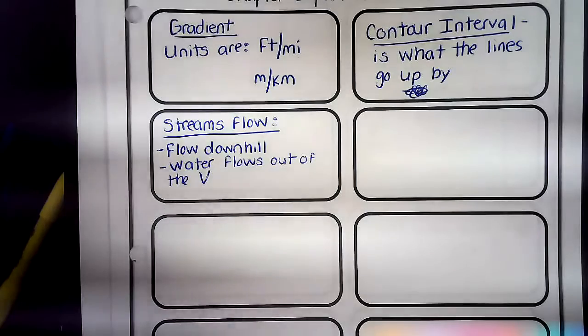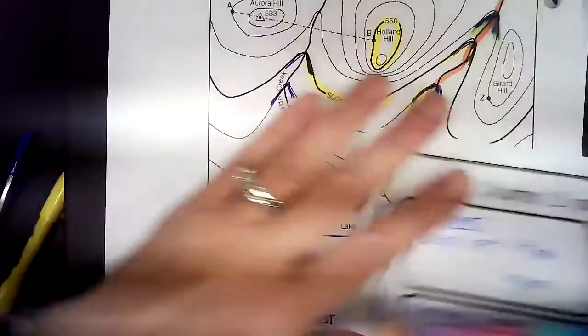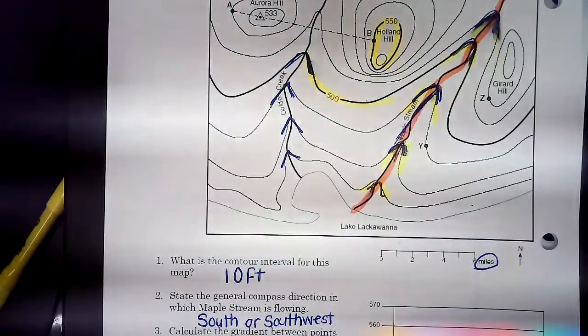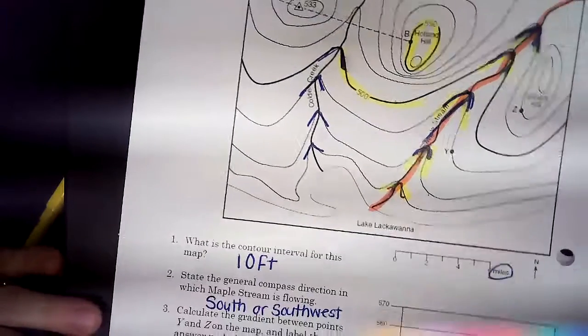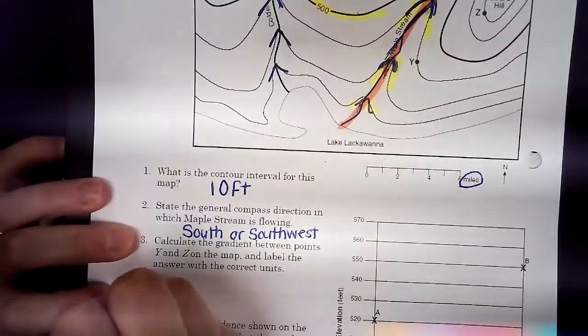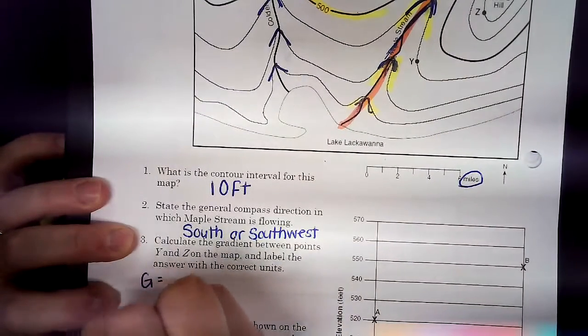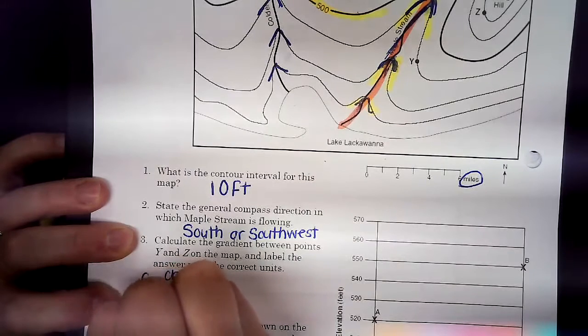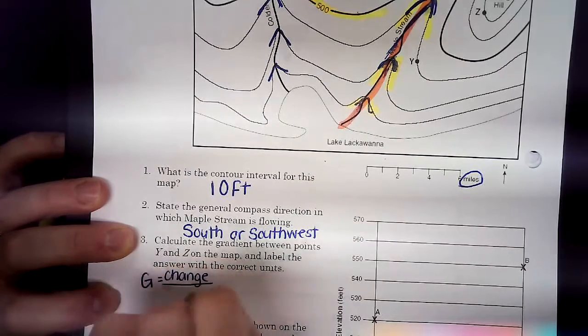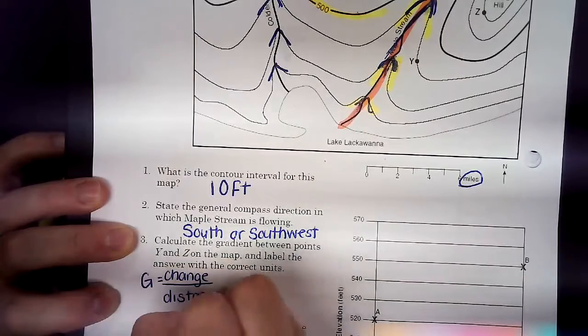All right, question 2. Oh, right there. Question 3. Calculate the gradient. This is what we were doing all day yesterday for the most part. You can go through all the steps, or you can just plug it into the formula. It's the change divided by distance.